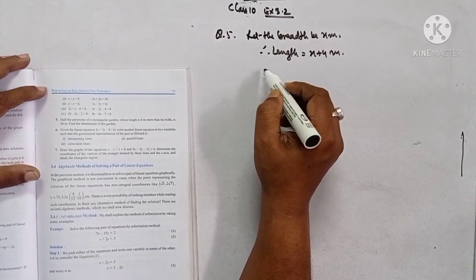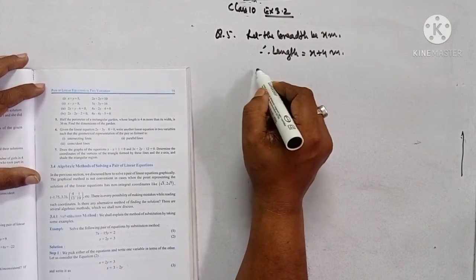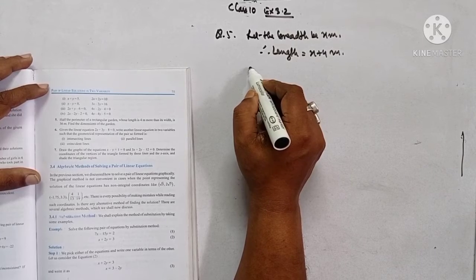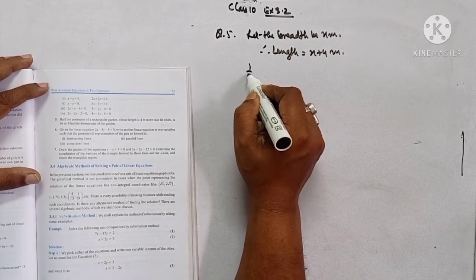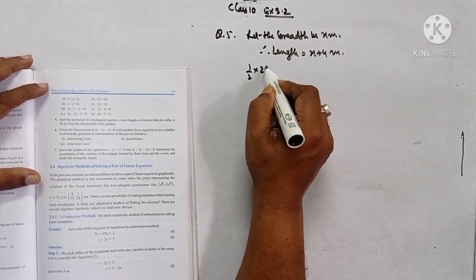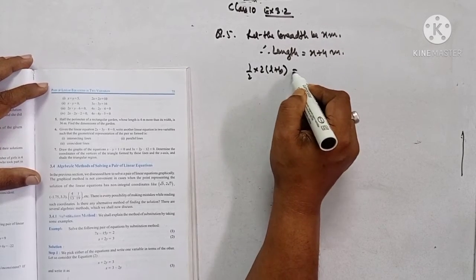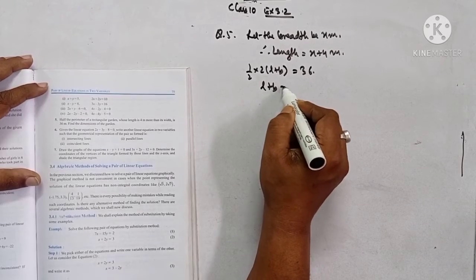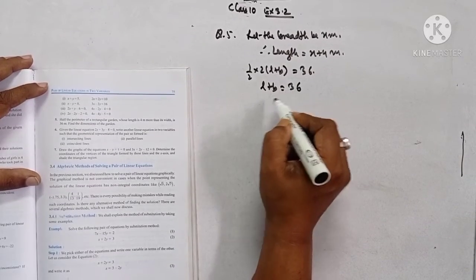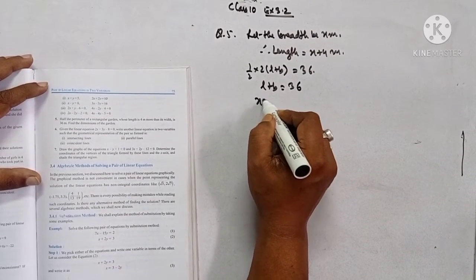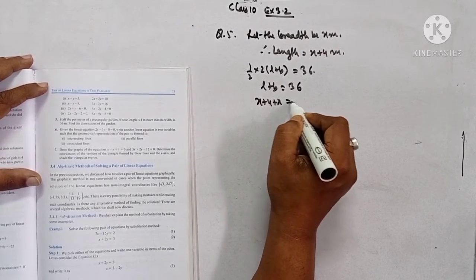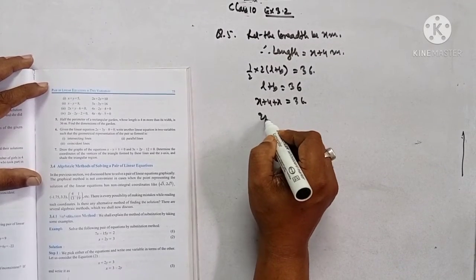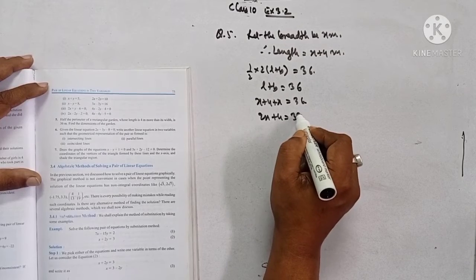So now half the perimeter, that is half of 2(l plus b), that is equal to 36. It is given to you, so l plus b is 36. So length is x plus 4 plus x is equal to 36. So 2x plus 4 is equal to 36.